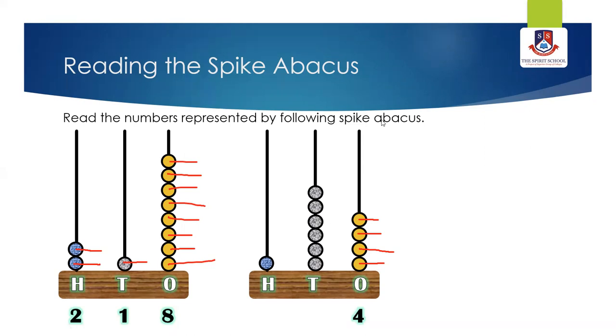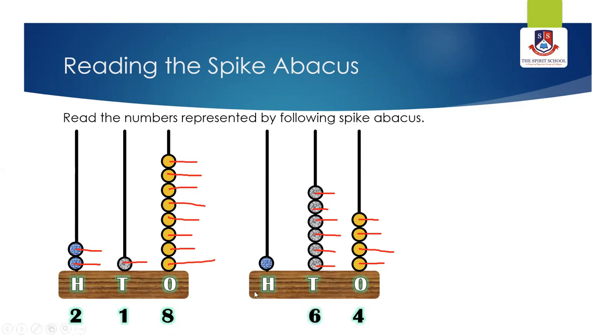Now move on to the tens place. Similarly, we count using our digital pen. Here we are having 1, 2, 3, 4, 5, 6. So there are 6 beads at the tens place value, so the number represented here by the tens spike is 6. Now move to the hundreds.